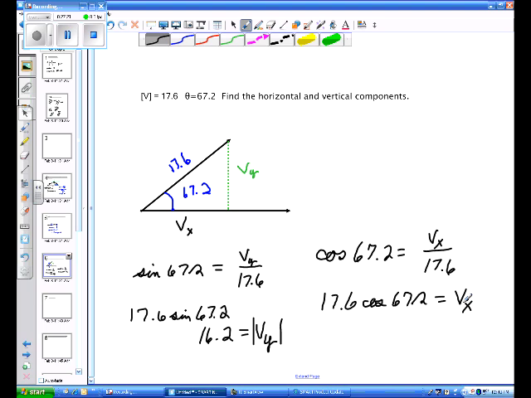So if you put that into your calculator, I'm just leaving that up to you, we would get 6.8 would be the magnitude of v sub x. And you can see that y should be a lot longer because we have an angle greater than 45 degrees. So our vertical should be a bigger component.